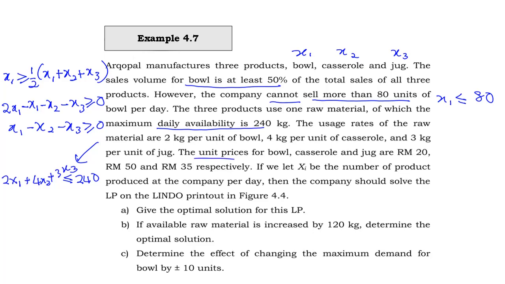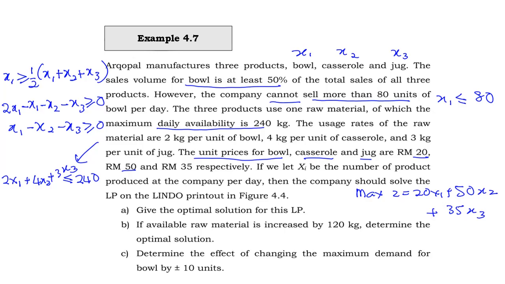The unit prices for bowl, casserole and jug are 20 ringgit, 50 ringgit and 35 ringgit each. So the objective function should be maximize z equals 20x1 plus 50x2 plus 35x3.